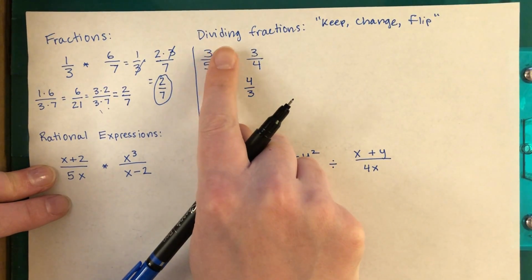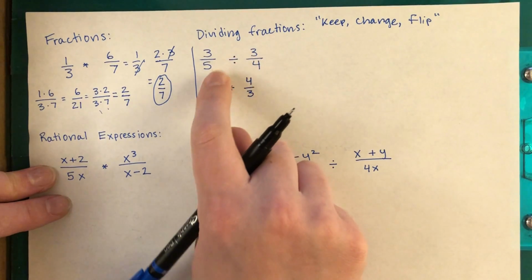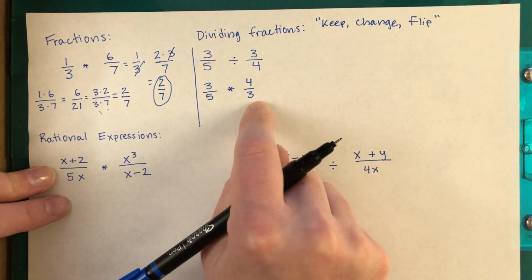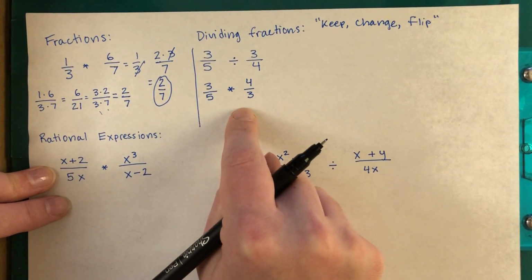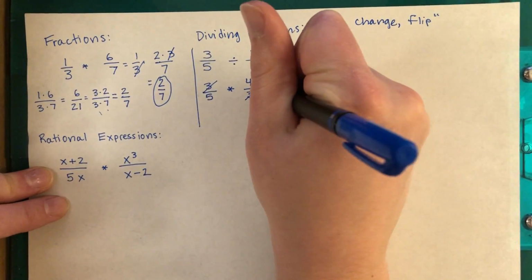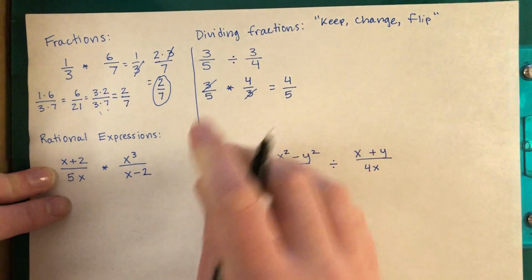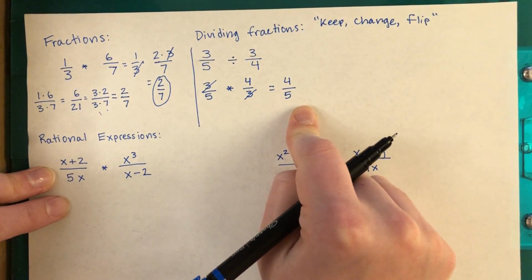We could not cancel if this was just multiplying and we had 2 3's on the top, they would not cancel. We can only cancel something on the top with something on the bottom. It doesn't matter which side it's on though. So I have a 3 and a 3 that I can cancel right away. And I can see that the answer is 4 over 5. Or if you wanted to find this as a decimal, it would be 0.8.